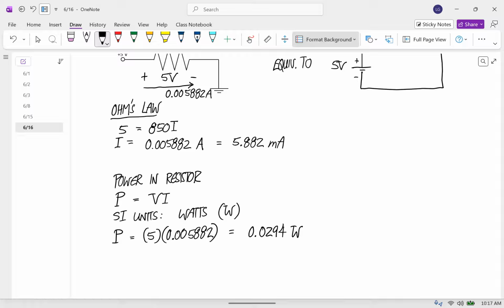And so if you do this calculation and that's well under 0.5 watts like this is, then everything's going to work. If it's significantly bigger than 0.5 watts, as soon as you connect this circuit, that resistor is going to turn black and it's not going to work anymore. And the current will stop flowing through the circuit because the little wire inside the resistor just snaps and burns it out.